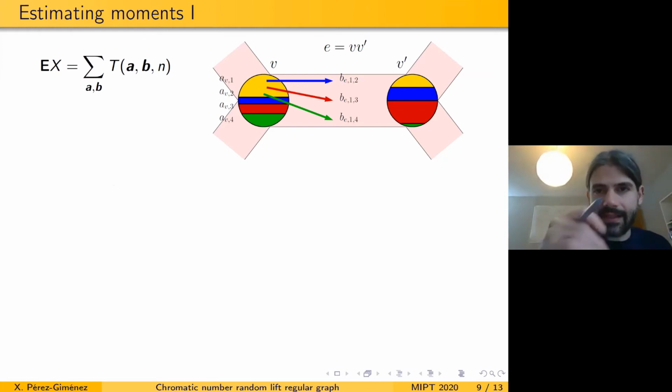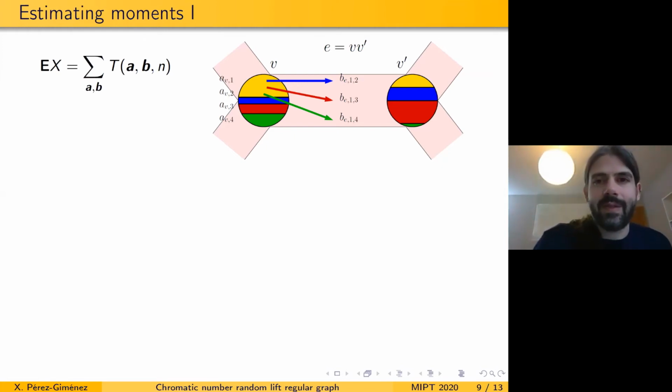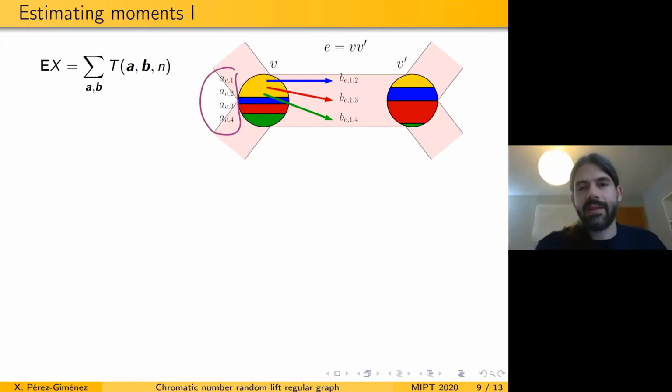I'll try not to give a lot of detail, but at least give the idea of how this is done. For each fiber, I'm going to decide how many vertices will be colored with each of the colors. This gives me some parameters, the A's, where I divide by n, so the A's give me the proportion of vertices in this fiber of each of the colors.